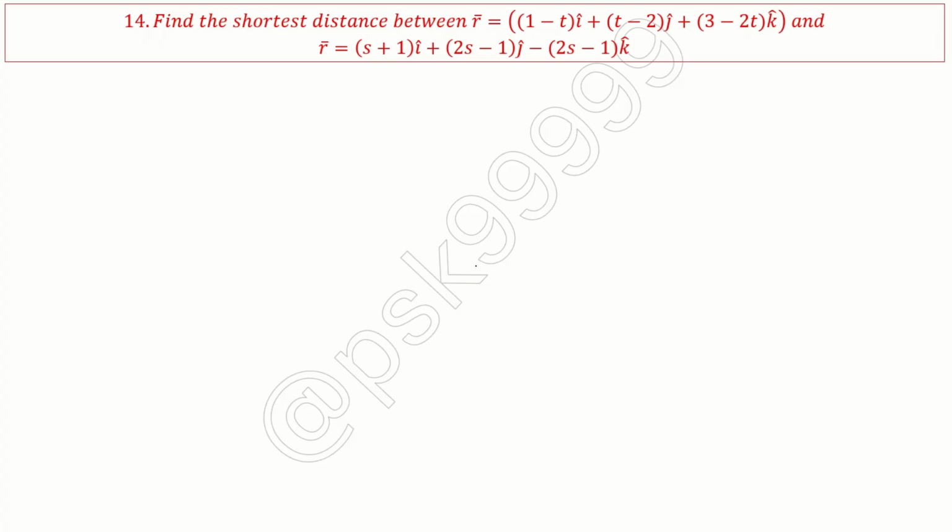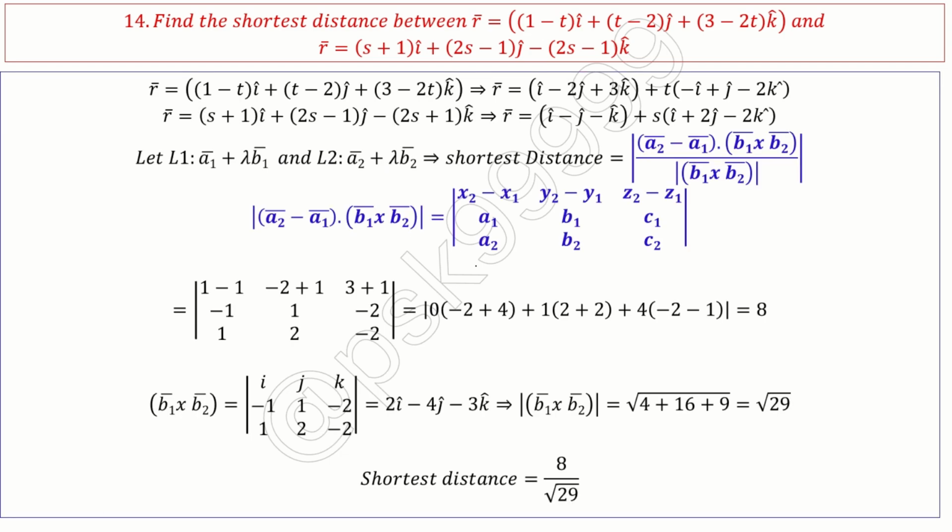Okay, find the shortest distance between r equal to (1 minus t)i plus (t minus 2)j plus (3 minus 2t)k, and second line is (s plus 1)i plus (2s minus 1)j minus (2s minus 1)k. Okay, the way they given the equation is very different. But the only thing is you write it separately as position vector plus lambda direction vector. Okay, how do I write it?